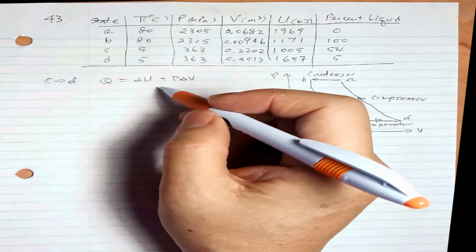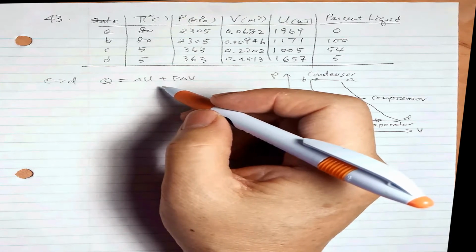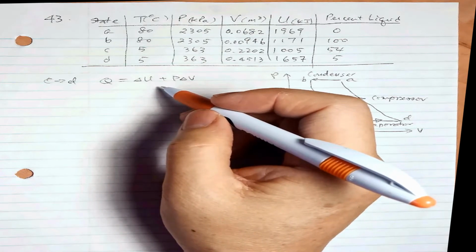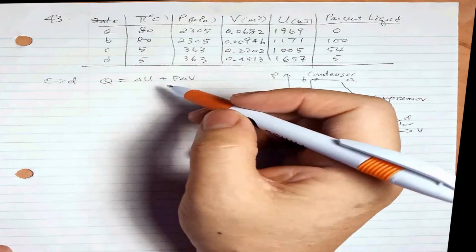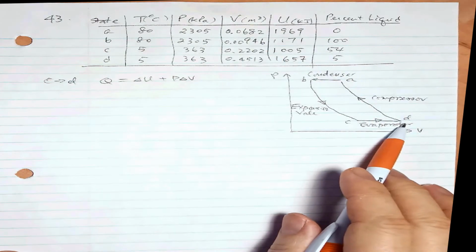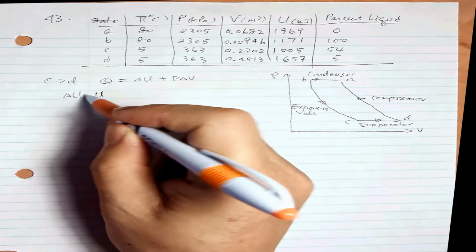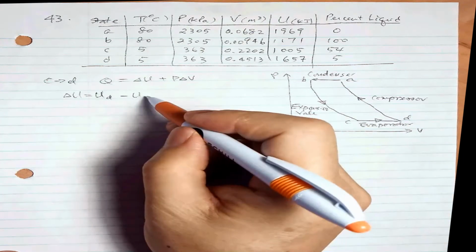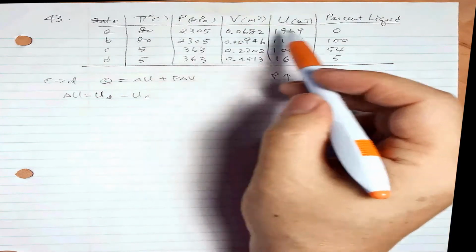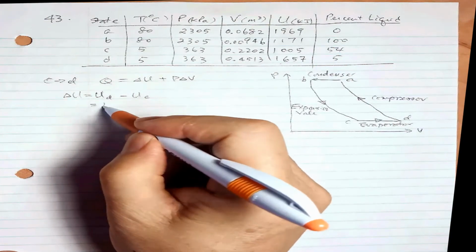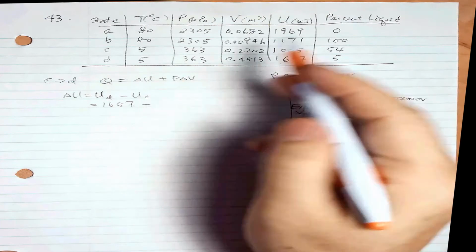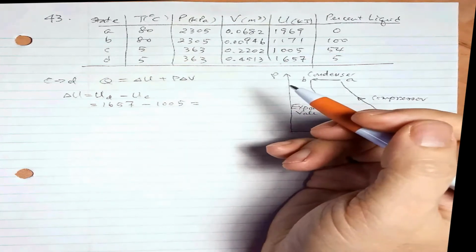That's easy because they have already provided the internal energy, and it is from C to D. So therefore, I will use the internal energy at D minus the internal energy at C. Okay, so D internal energy is 1657, and C is 1005.